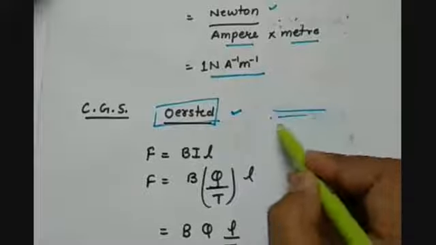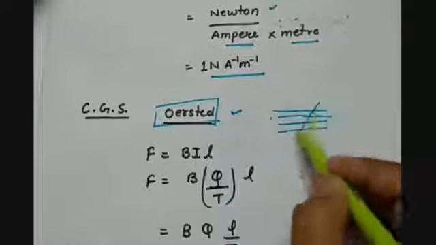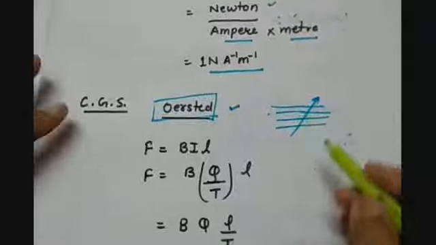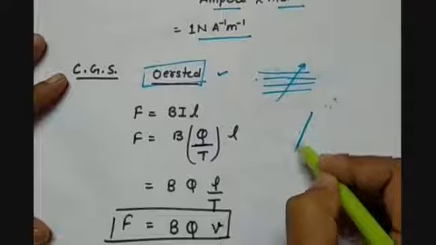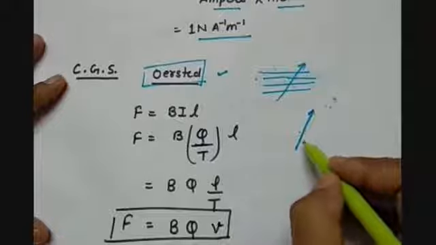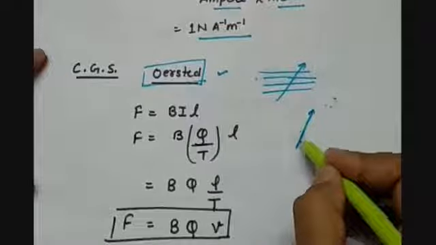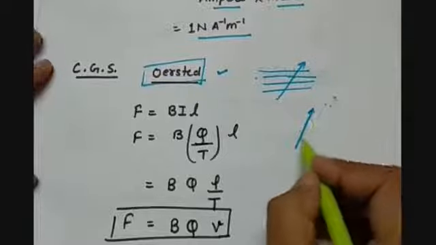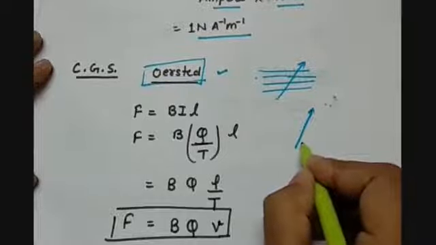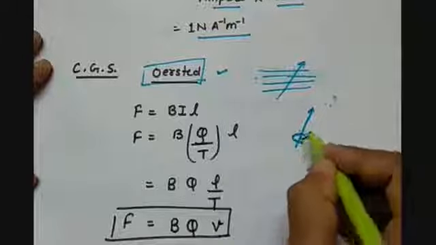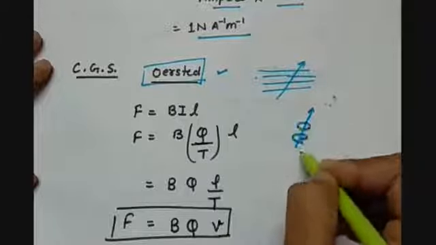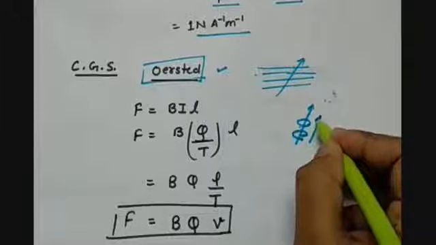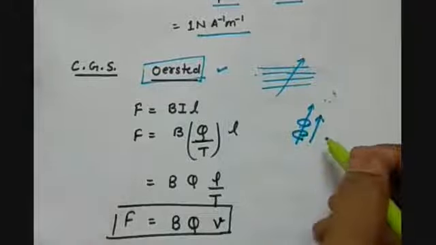Charges are always moving in the conductor, and when the magnetic field is produced around a conductor because of the motion of the charges, then because of the effect of the magnetic field, the motion of the charged particle is circular. They move in a circular motion with constant speed in the direction of current.